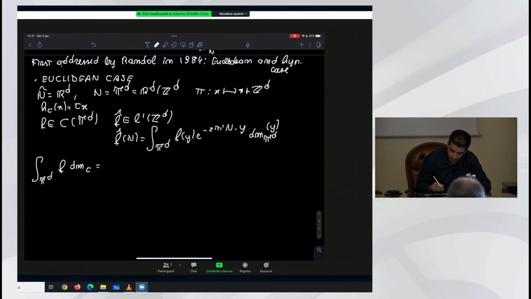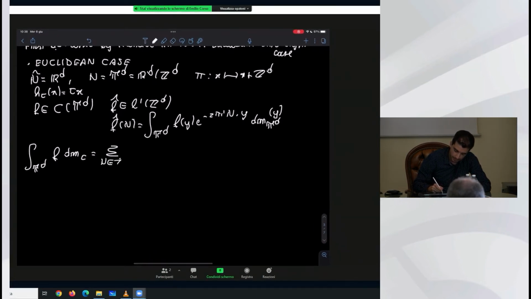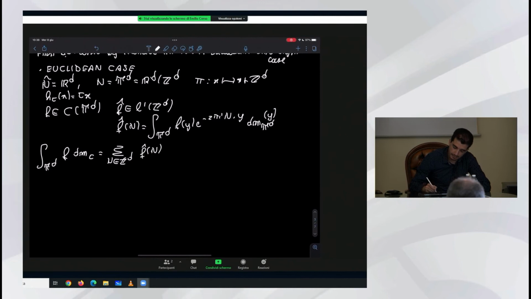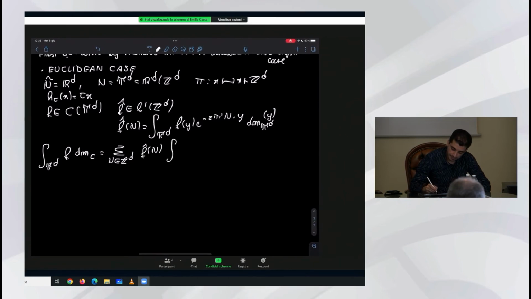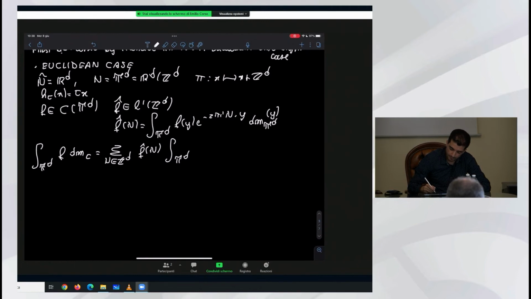By dominated convergence, I can decompose the function in terms of characters. So this becomes a sum over all n in Z^d of my Fourier coefficient, and then the integral over the torus T^d of my character e to the 2 pi i n dot x, against dm_t of x plus Z^d.